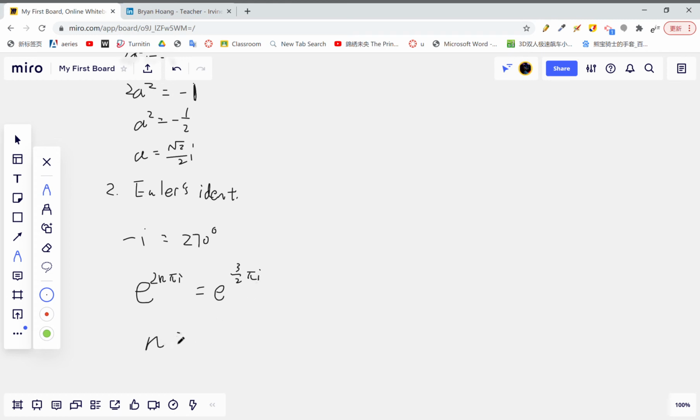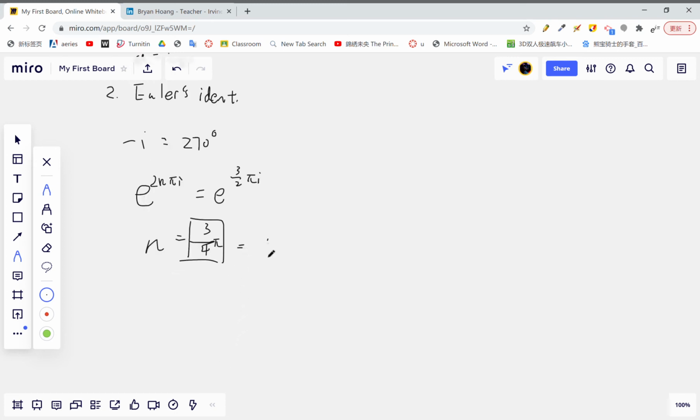Which n is equal to 3/4, and this is 3/4 pi, which is equal to 135 degrees. And on the unit circle that you learn in trigonometry, this is equal to negative root 2 over 2 plus root 2 over 2 i.